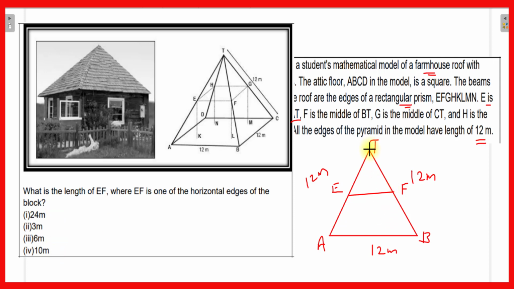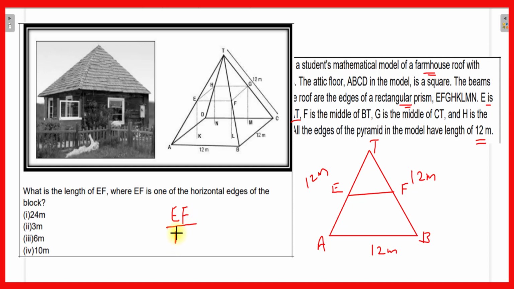In two similar triangles the ratio of the corresponding sides is always equal. So EF and AB are the corresponding sides.